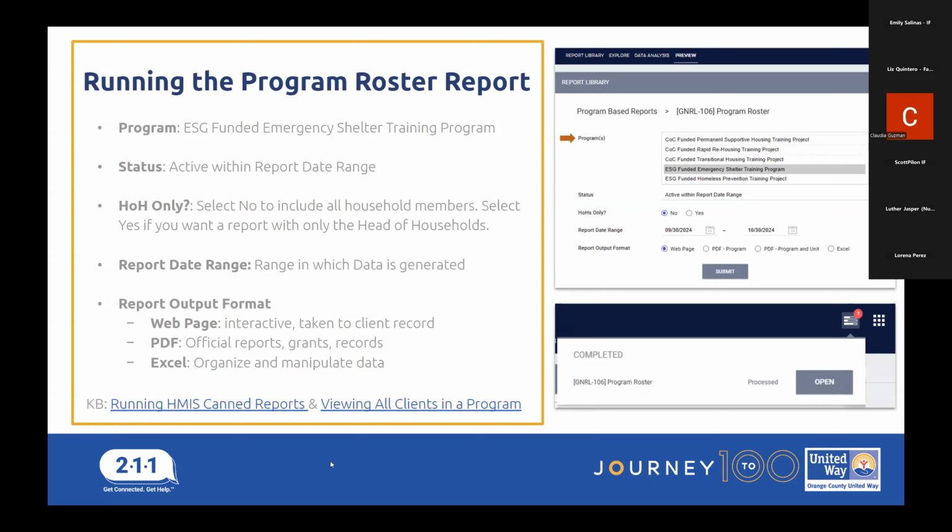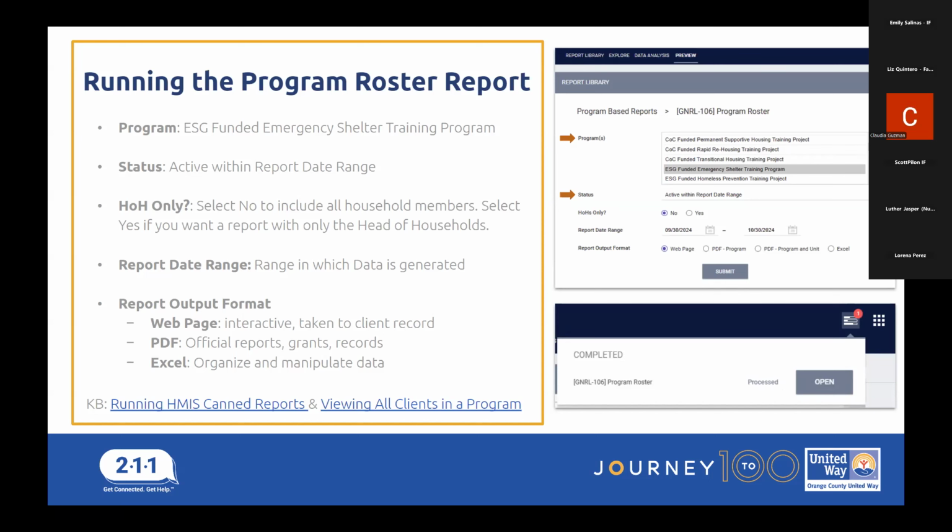The status options are active within report date range, meaning that the client's project stay is active at least 1 day within the report date range. You would use this option to capture all of the clients active at any time within that date range. Enrolled within report date range, meaning the client's enrollment date is within the selected report date range.